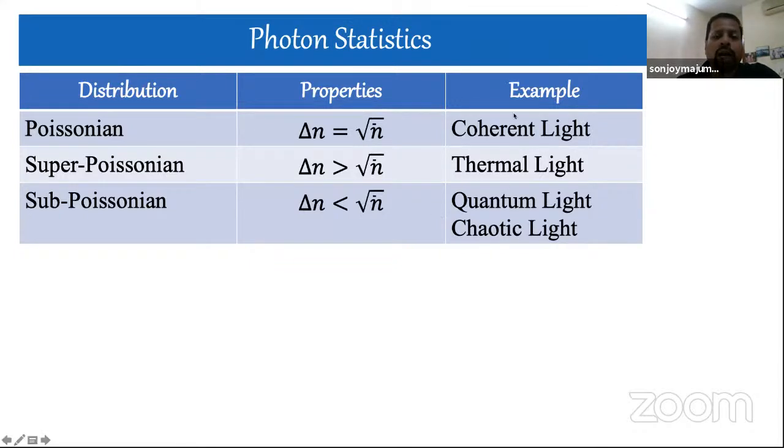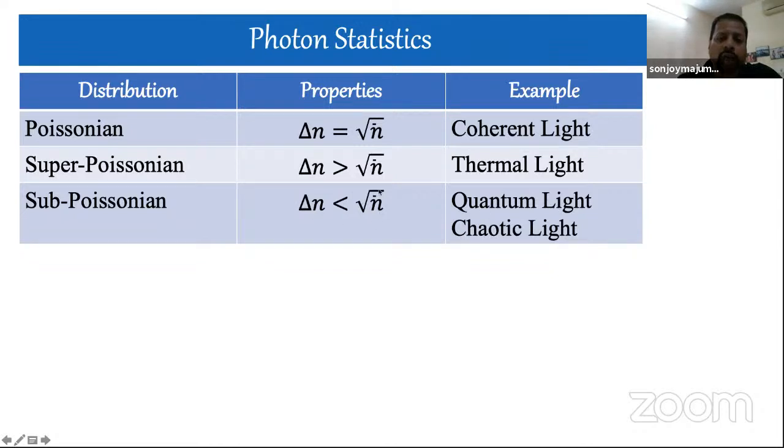If you have a coherent light, we have seen that it follows the Poissonian distribution, and in the Poissonian case, the property is that the variance is equal to the mean. Here n bar, which may not be properly seen, means the mean value of the number distribution. Similarly, for the quantum light, sorry, this is the wrong thing as written, not chaotic.